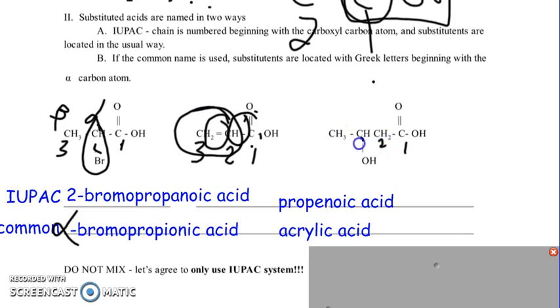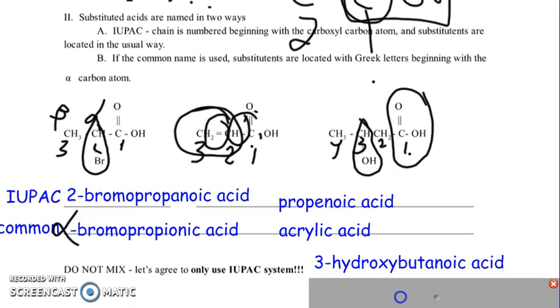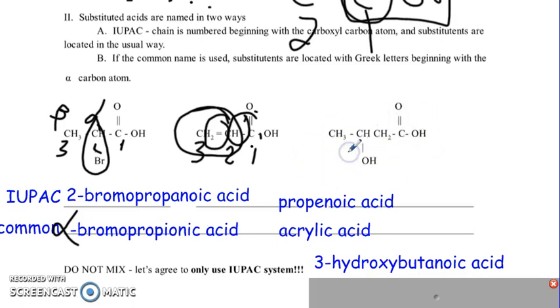Again, we've got to number it. And notice how I numbered the carbon of the carboxylic acid 1, as always. So the only thing we have to do here is number that. So it's 3-hydroxybutanoic acid, and I have it down here. Now, again, common is kind of a funky way. So once again, the carbon next to the carboxyl carbon is alpha, and this is beta.